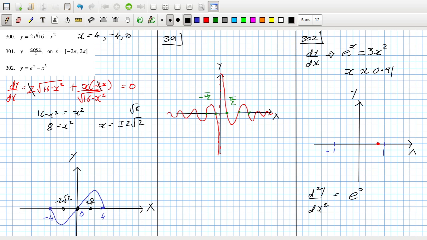That would be e to the x minus 6x. So e to the 0.9 minus 6 times 0.9. So that's a negative. So it should be a max here. A max. e to the 0.9 minus 0.9 cubed, about like 1.7. So that's a max.